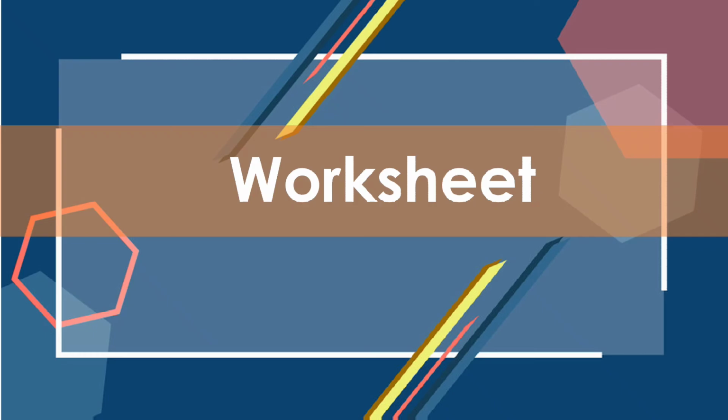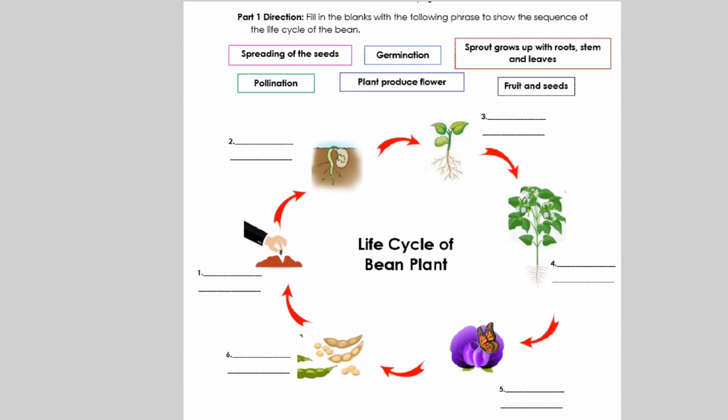And so this is your worksheet for today. I want you to have this so you can answer it in your notebook. The first part is you have to fill in the blanks with the following phrases to show the sequence of the life cycle of a bean. So this time it's a bean, again the life cycle of a bean.